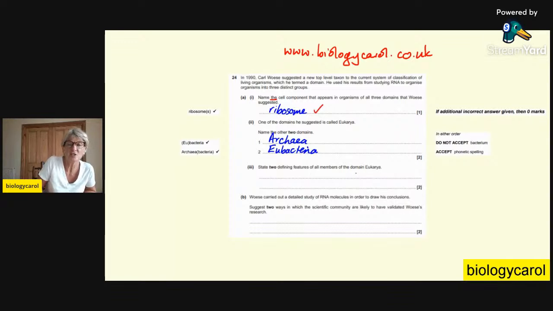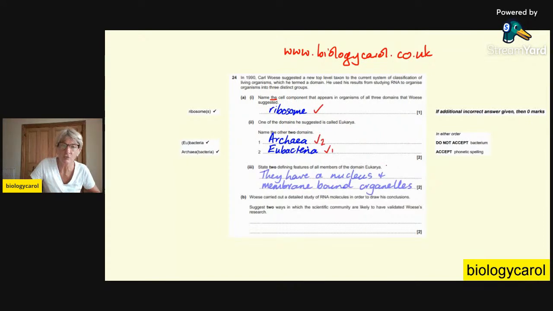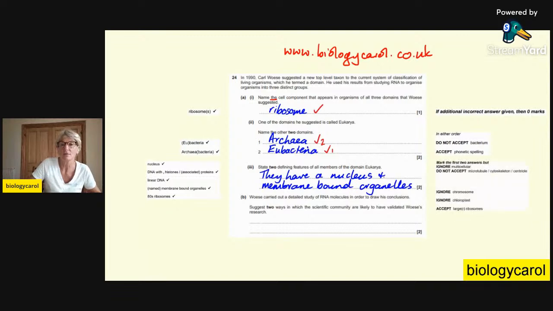State two defining features of all members of the domain Eukarya. So eukaryotes. The thing that I say to all students: eukaryotes contain a nucleus and they contain membrane-bound organelles. Those are the crucial things, which hopefully is shown up here.